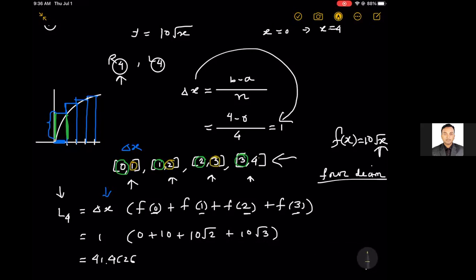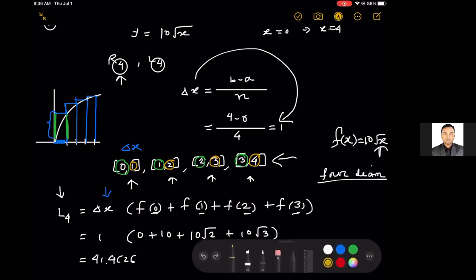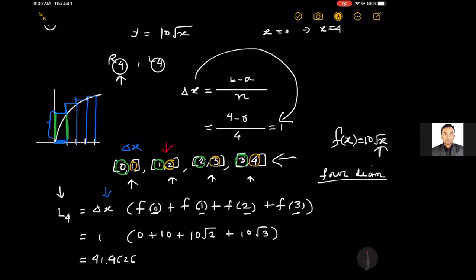And if you're doing the midpoint sum, just take the midpoint of each of these subintervals. That means just add this and divide it by 2. Sorry, this is not del x, so you might get confused anyway. So that's it. The rest is pretty much algebra, right?